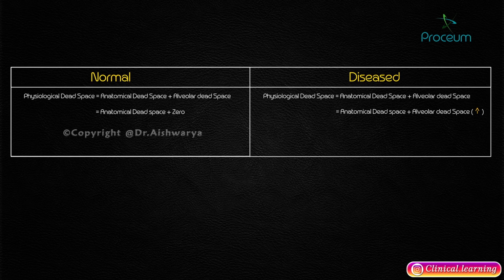We know that the physiological dead space is equal to 150 ml because the alveolar dead space is 0. And whenever the physiological dead space is greater than the anatomical dead space, we can say that the individual is suffering from lung disease, for example pulmonary embolism.